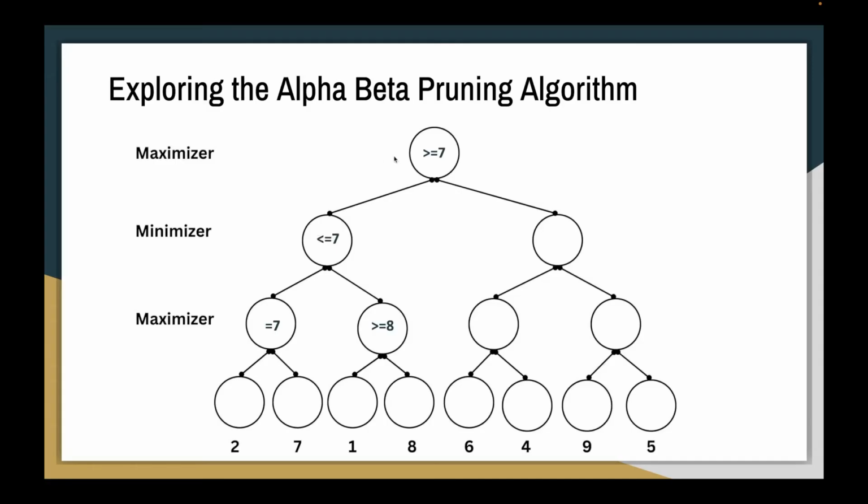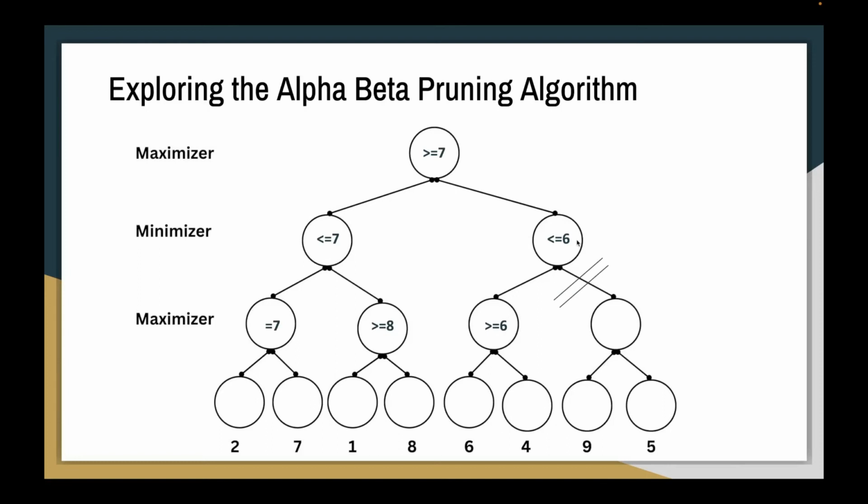Now the top root node has to search for the static value which is greater than or equal to 7. When it sees the value here 6 and it already has the value 7, so it will not choose 6. Same applicable to 4 also. So the minimizer will choose the path which is less than 7.